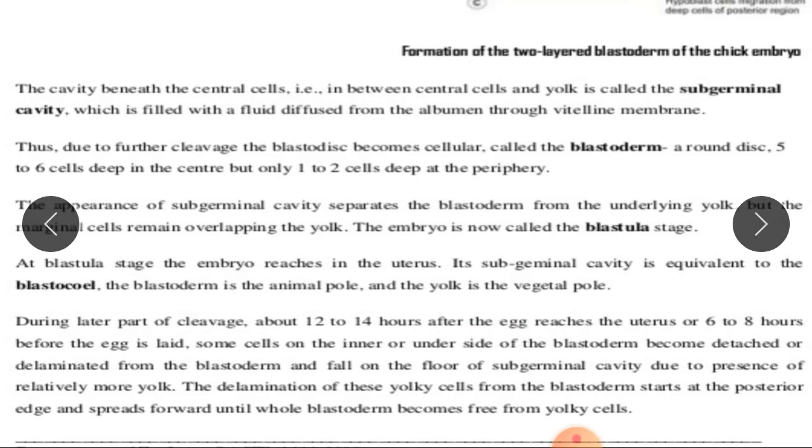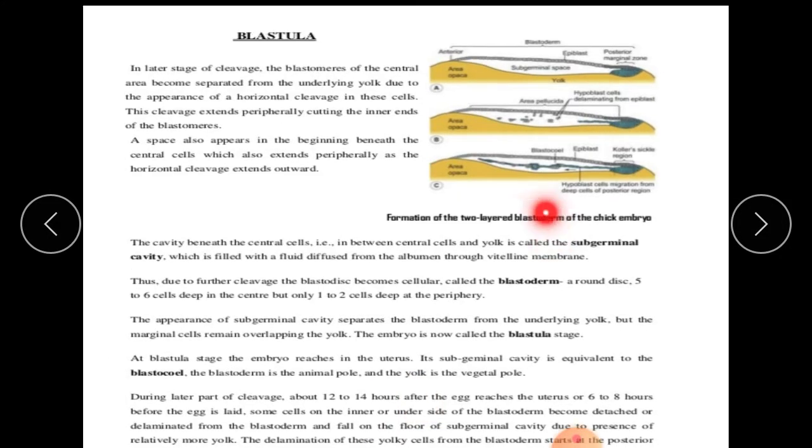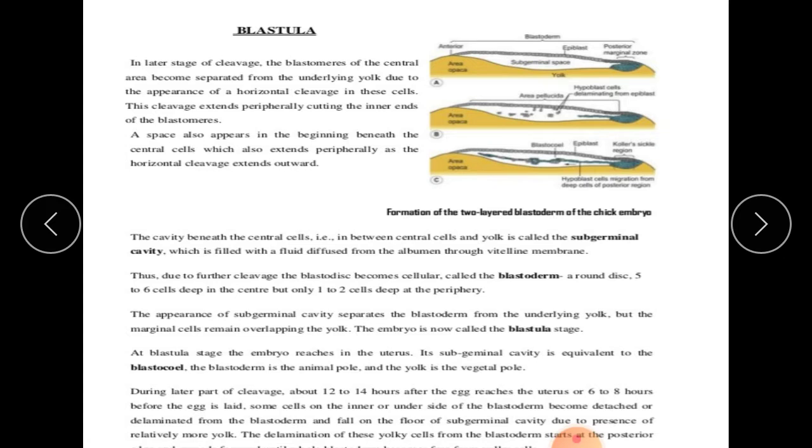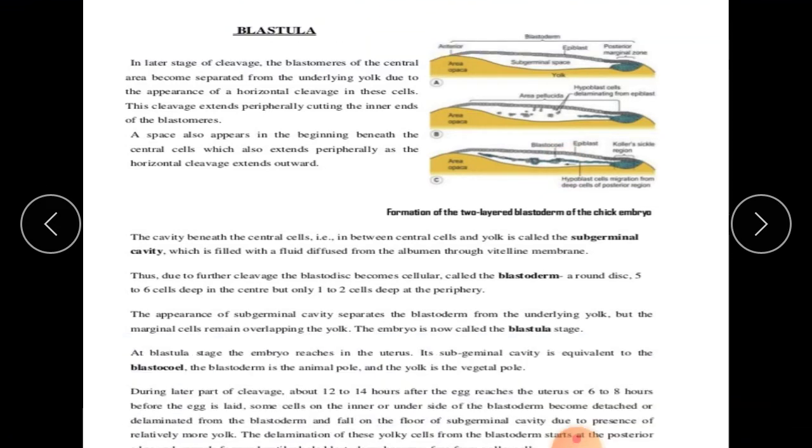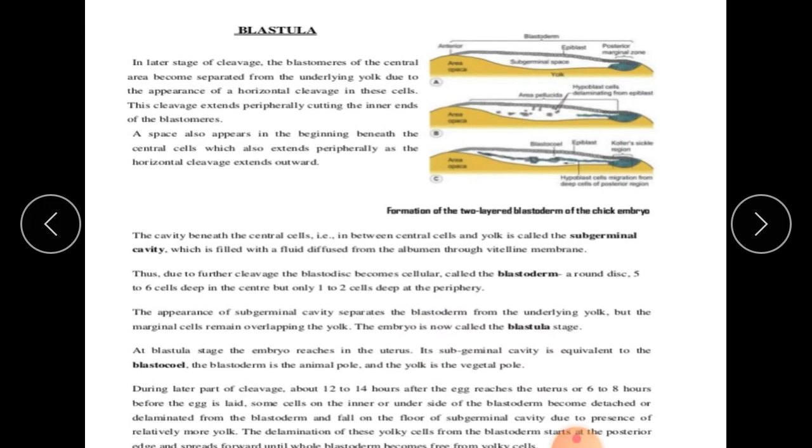The delamination of these yolky cells starts at the posterior edge and spreads forward until the whole blastoderm becomes free from yolk cells. So some cells are separated from the epiblast and another layer is formed above the yolk, called the hypoblast. The formation of the hypoblast comes under the gastrula stage.